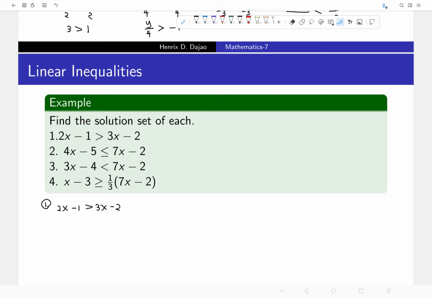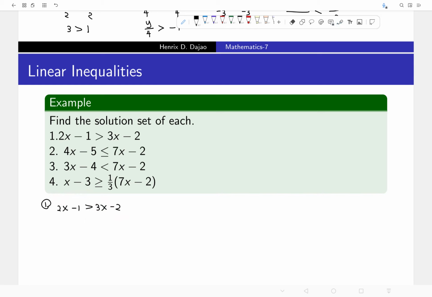So what we will do here is we're going to remove this minus 1, and of course, it will be transferred to the other side of the inequality, as well as for 3x. So we're going to remove this one on the right side and then transfer it to the other side.